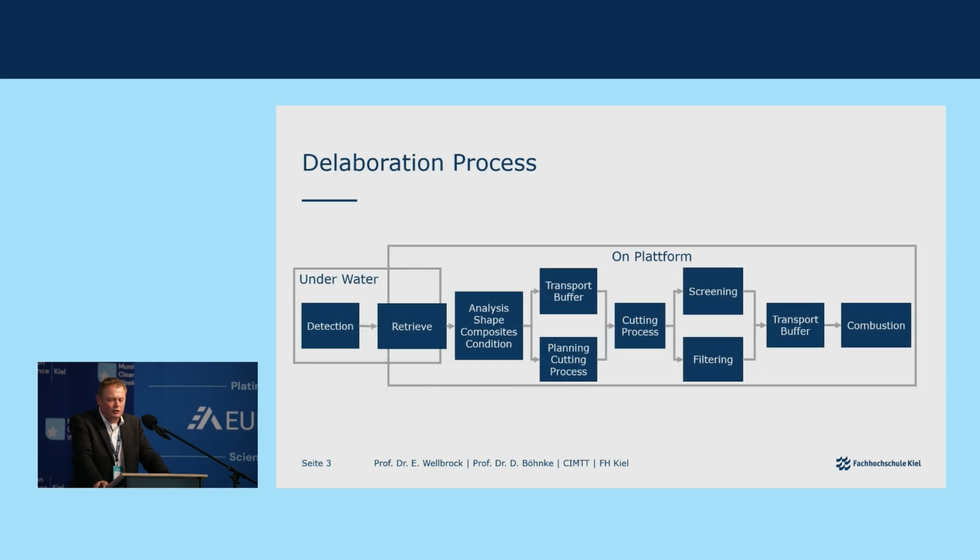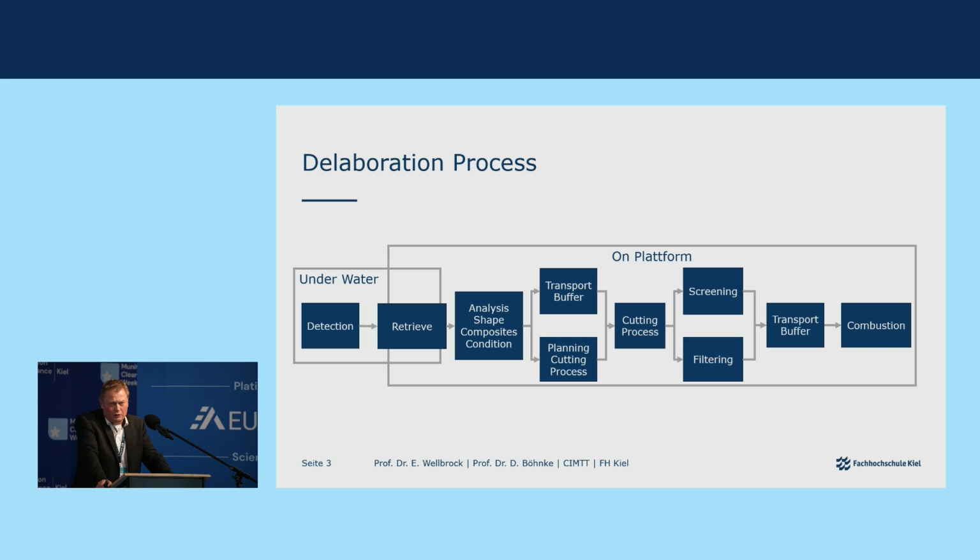If we have a look at a typical delaboration process, I'm not talking about the things that happen underwater. We've seen a lot of impressive things about this today. I start with the retrieval, how to lift the objects from the seabed. We have to do an analysis of shape, composites, and conditions. We have to analyze before we treat these objects.